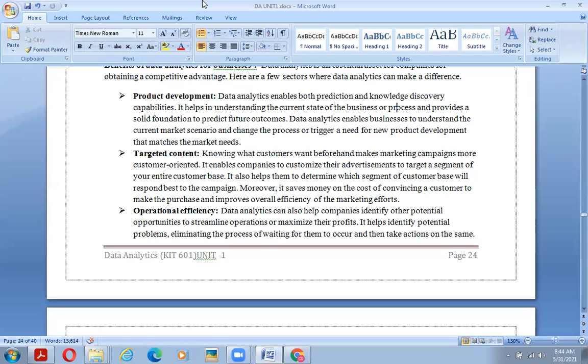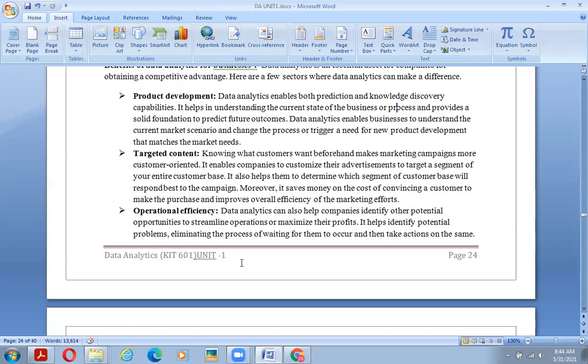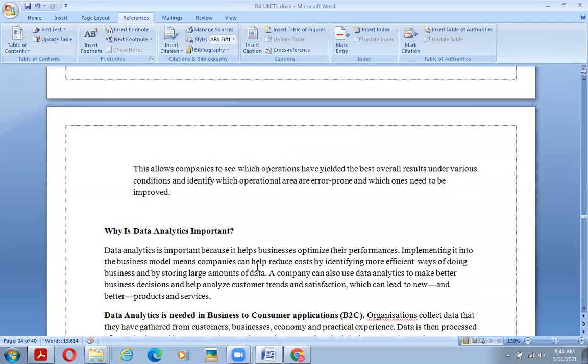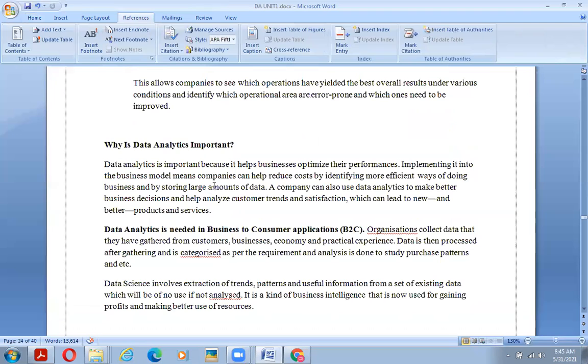This allows companies to see which operations have yielded the best overall results under various conditions and identify which operational areas are error prone and which need to be improved.